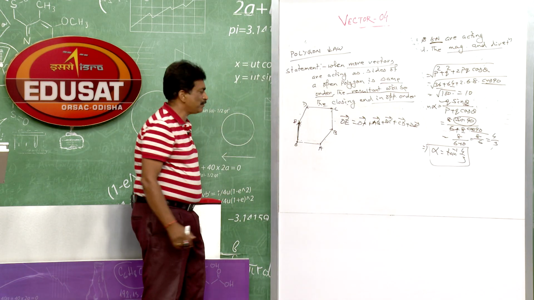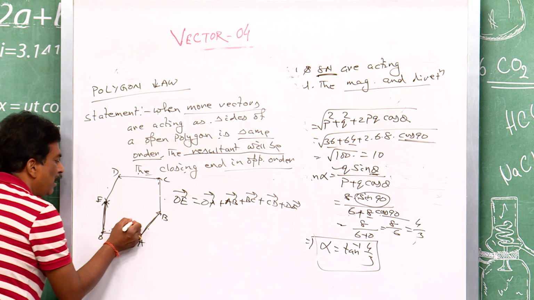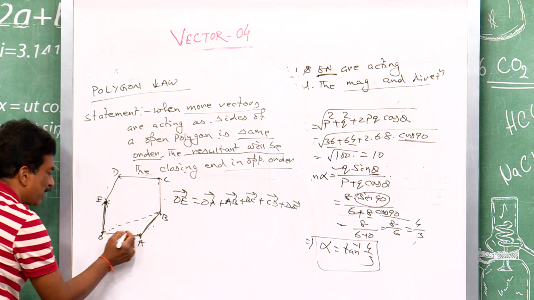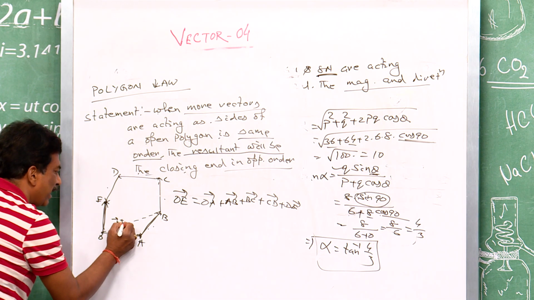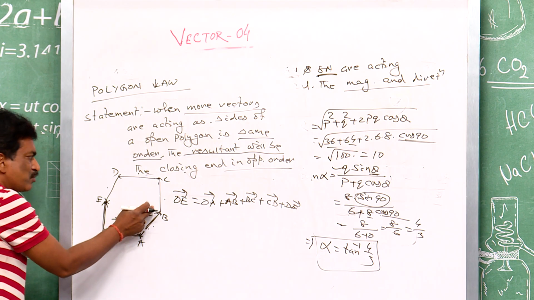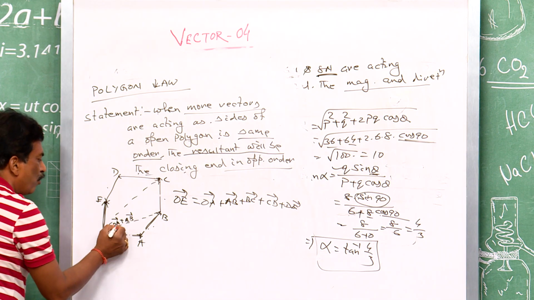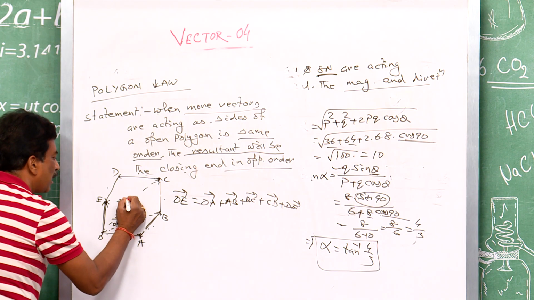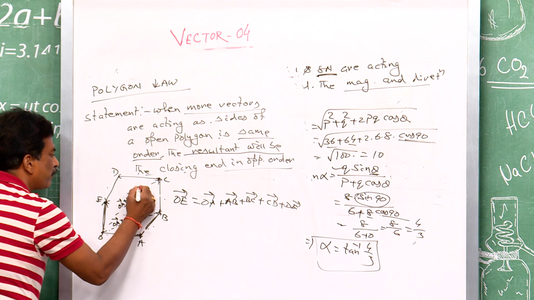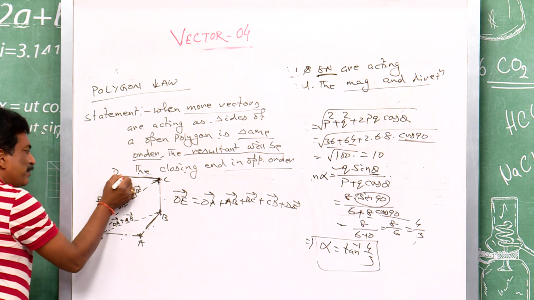Sir, how is it possible? You see, when the first two vectors are added, this will be the resultant, according to the triangle law of vector addition. This equals OA plus AB. These two added together are then added with the next vector, and this is OC: OA plus AB plus BC. This vector completes here, and another vector starts here.